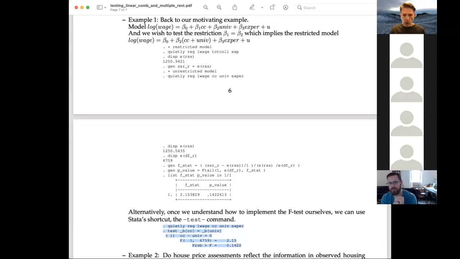Now, if you recall, I said that we would start out with an in-class question, and that in-class question had to do with, oops, let me see here, screen new share. Is the test statistic that we obtained the same or different?